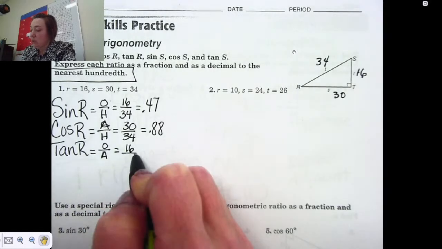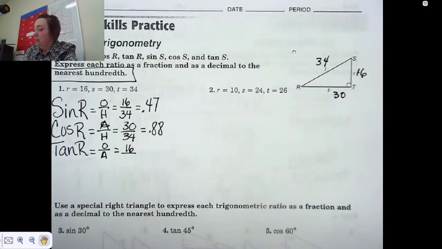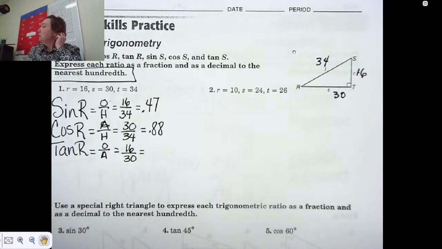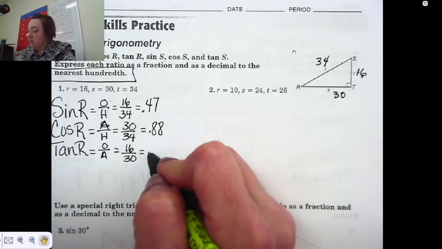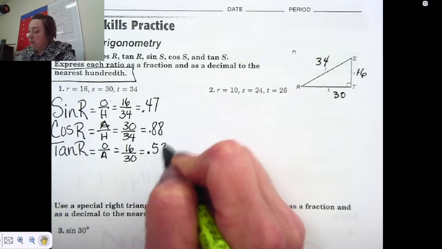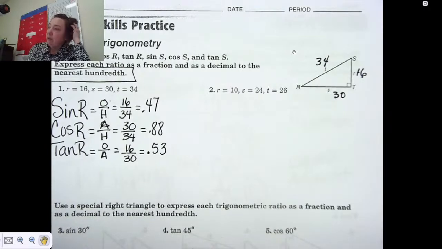And what is the adjacent side for angle R? 30. So 16 over 30 is our ratio. To the nearest hundredth, what is it? 0.53 repeating. So we're just going to put 0.53 because we're rounding to the nearest hundredth. So we don't need to put the little line over it because we're rounding. Okay. So that's for the sine, cosine, and tangent of R.